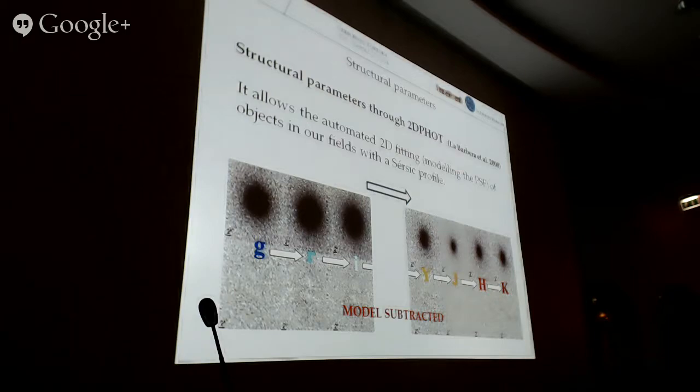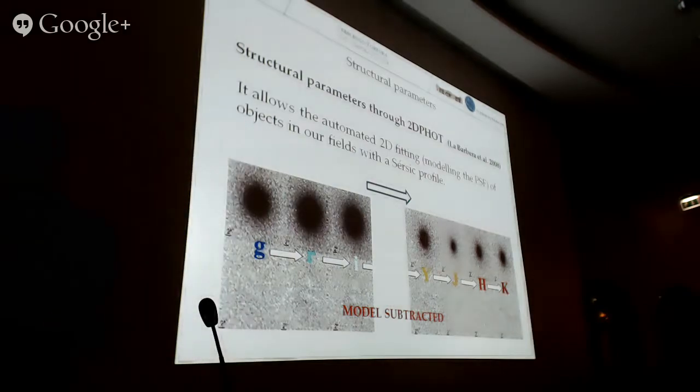In particular, it fits a Sérsic profile to the optical photometry of KiDS, taking into account the PSF, and of course deriving all the structural parameters. This is already tested in previous work.